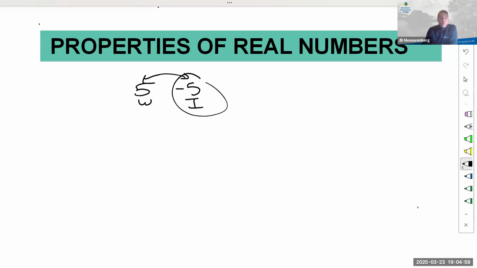So what we'll do here now is kind of put it all together. There is one new property, right? The real numbers, they have all of the properties that we've talked about within this course so far. They have closure under addition, closure under multiplication.